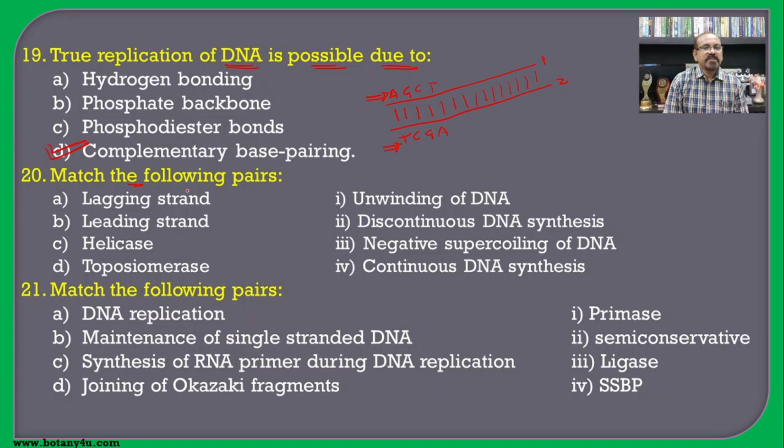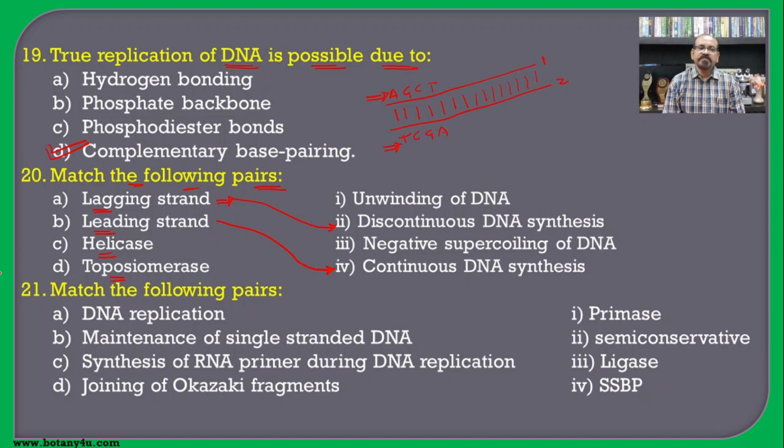Then match the following pairs: lagging strand, leading strand, helicase, and topoisomerase. On the lagging strand there is the synthesis of Okazaki fragments, which means discontinuous DNA synthesis, and the leading strand means continuous DNA synthesis.